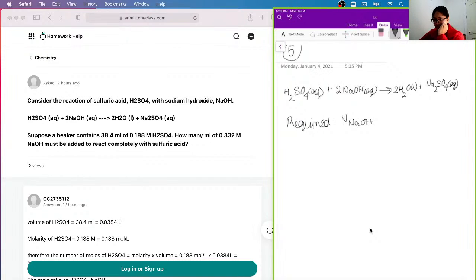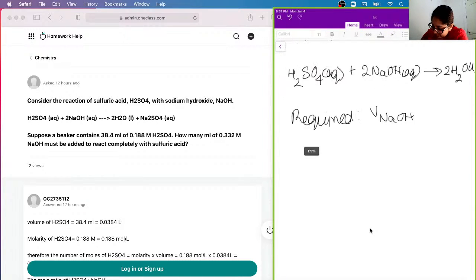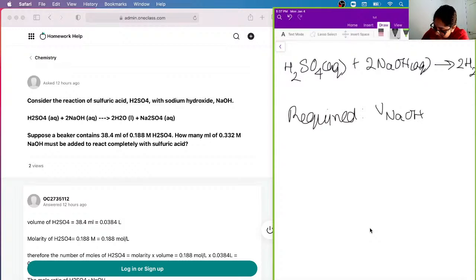So now I'll just write out what we know. Given, we have the volume of H2SO4, which is 38.4 milliliters.